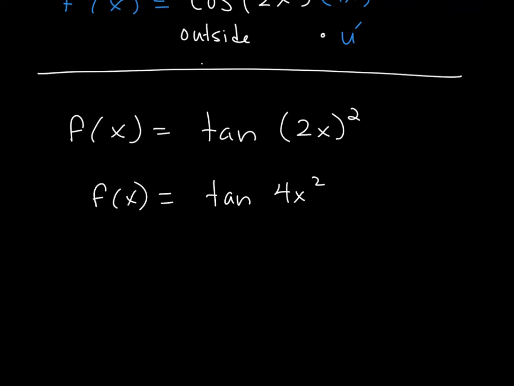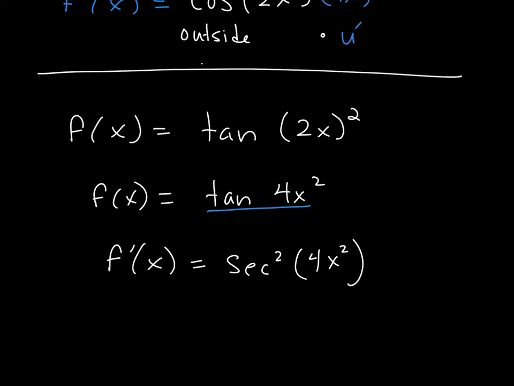So for the first derivative, what I have here is again the derivative of the tangent of u. The derivative of the tangent is the secant squared of exactly the same thing I have in my function, 4x squared.